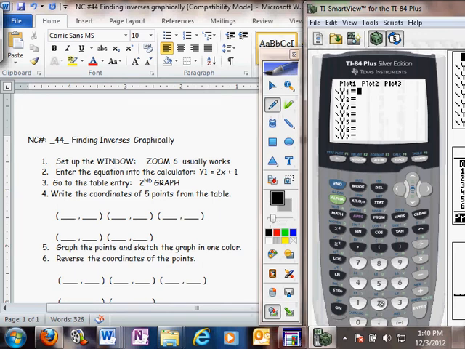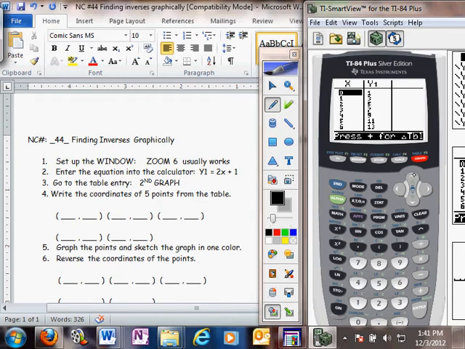So I've got 2x plus 1, and I want to do Zoom 6, the standard viewing screen. I see my function. And now I want to look at all the points that are on this line. I'm going to go to my table, and I get there by hitting second graph.